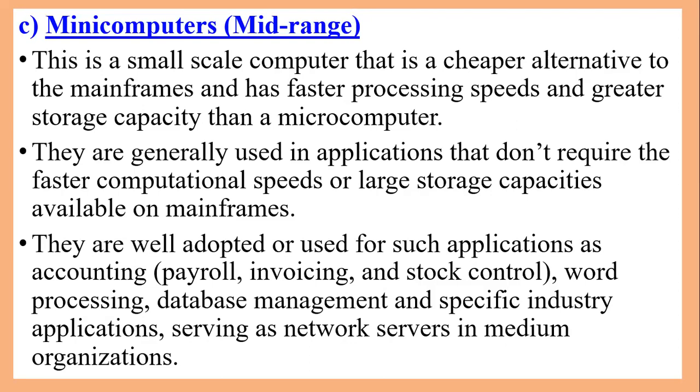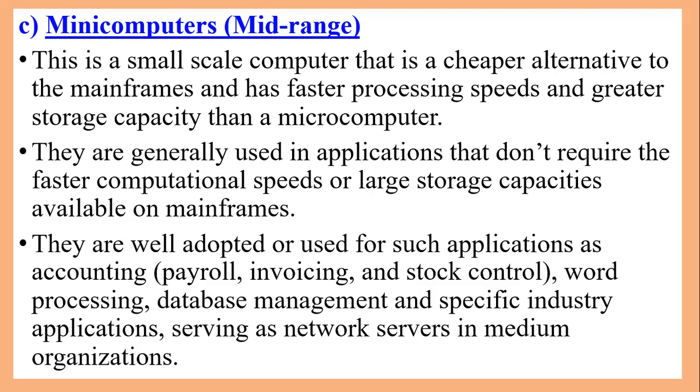The third type is minicomputers or mid-range computers. This is a small-scale computer that is a cheaper alternative to the mainframes and has faster processing speeds and greater storage capacity than a microcomputer. They are generally used in applications that don't require the faster computational speeds or large storage capacities available on mainframes.